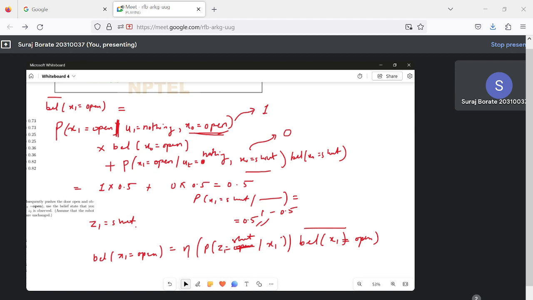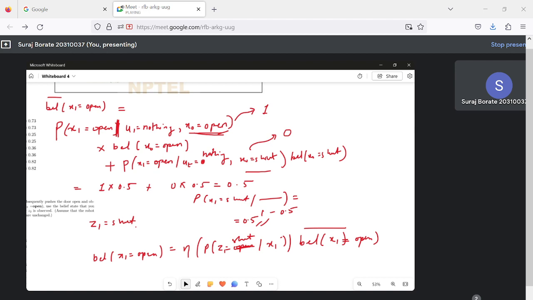Okay, now let's compute this. If you add these two equations, what will you get? On the left hand side, you will get belief of x1 equal to open and belief of x1 equal to shut. If you add these two, you should get 1, because either the door will be open or shut.